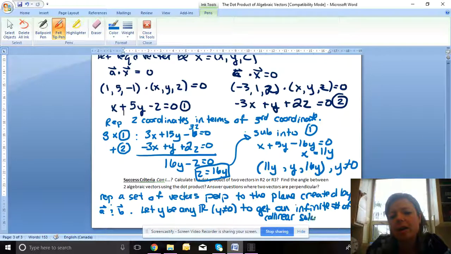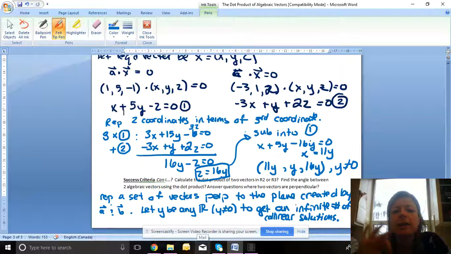So for example, if you just let y be 1, then you get the vector 11, 1, 16. So that is a vector that is perpendicular to both. Okay, or if you let y be 2, you get 22, 2, 32. That vector is also perpendicular to both A and B. It's just longer than the first vector I mentioned.